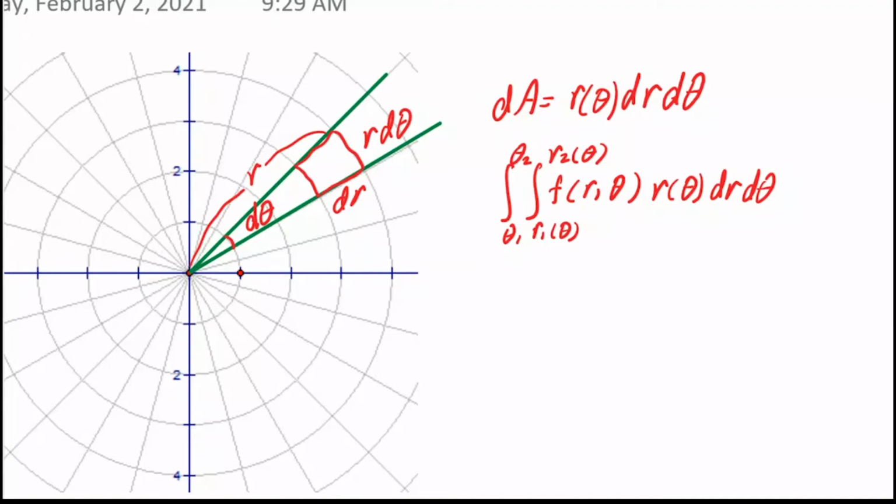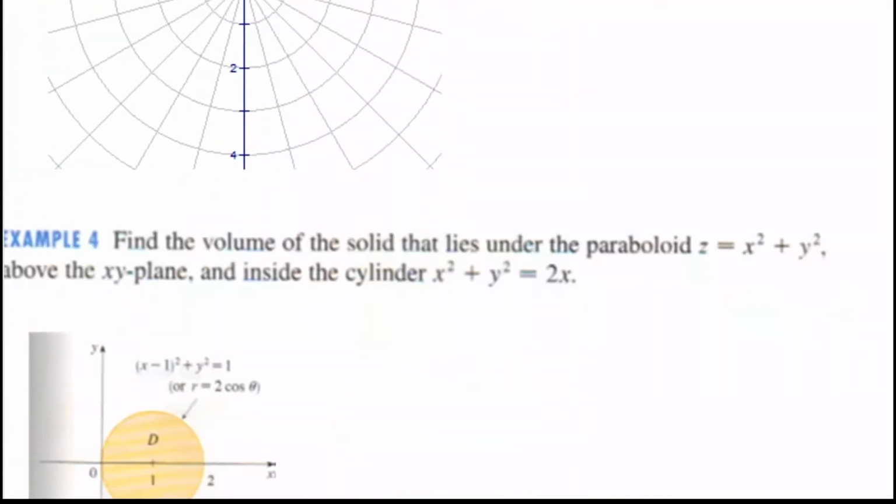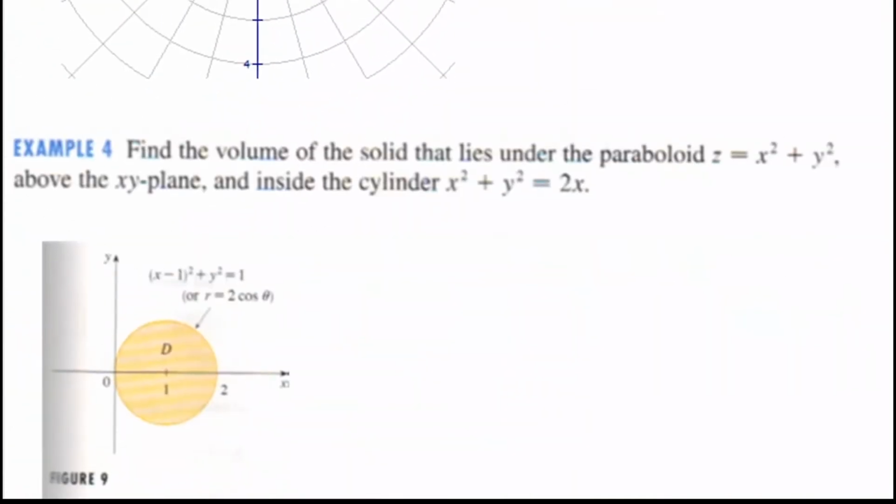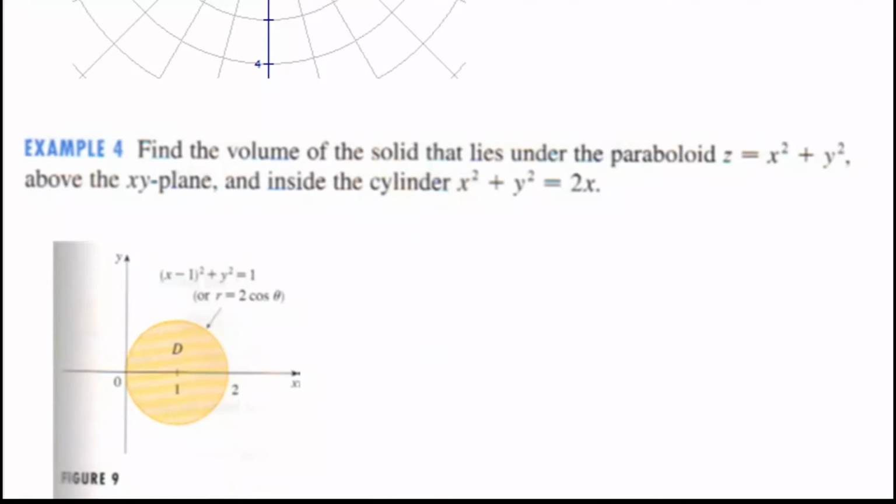It's like, well, you kind of get it, but you kind of don't at the same time, right? So let's take a concrete example. Okay, we have this volume of a solid that lies underneath this paraboloid and above the xy plane and inside this cylinder, and that's your cylinder. You know what I'm saying?